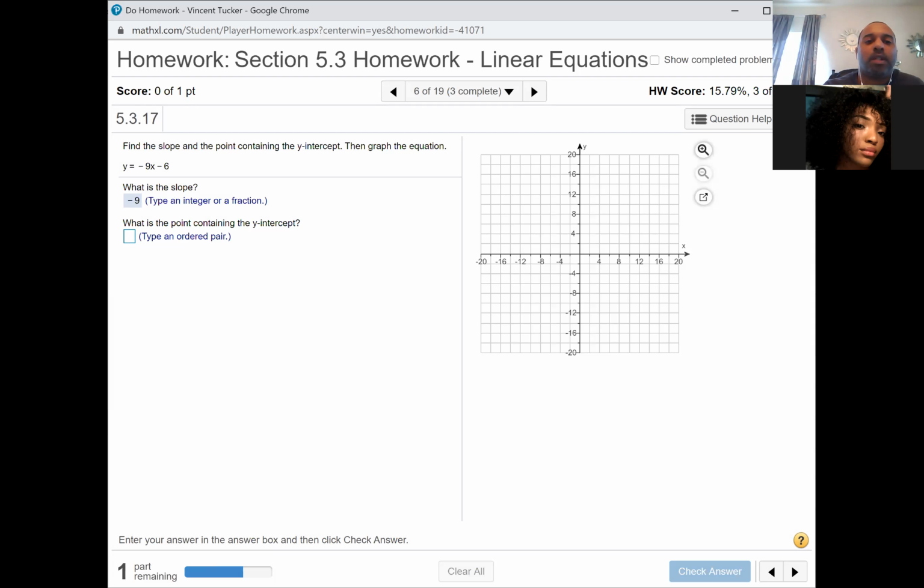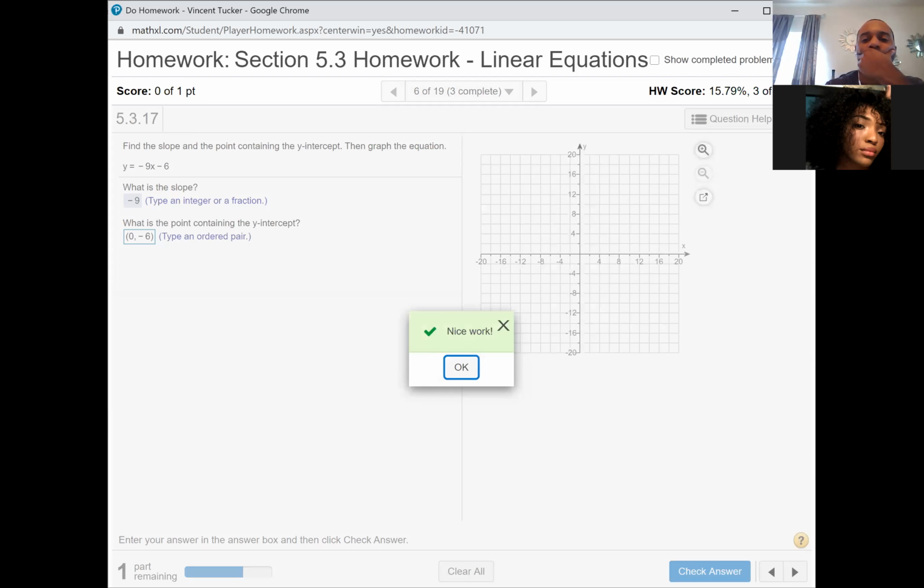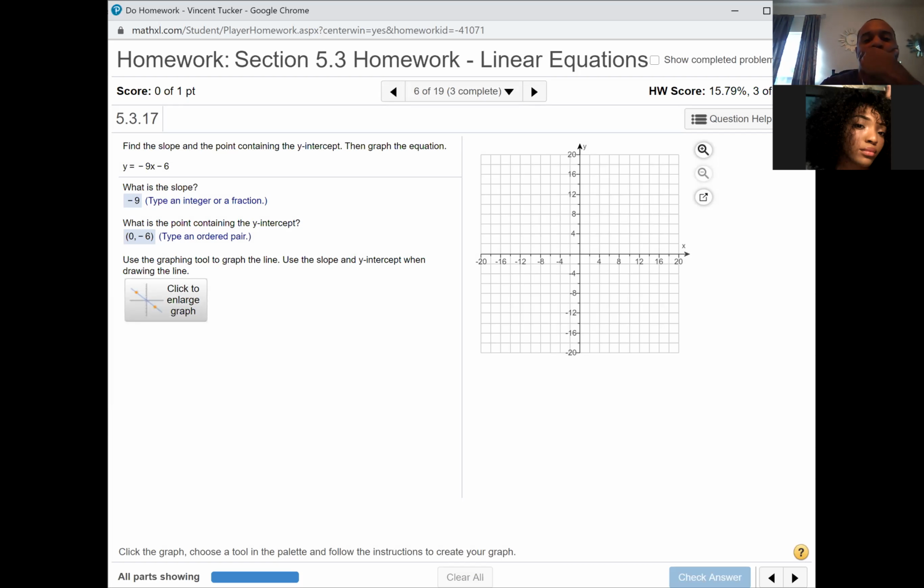Then it says, what is your y-intercept? Notice it says write as an ordered pair. The characteristic of all y-intercepts is that x is equal to 0. So the ordered pair will be 0, negative 6. And the other number is your y-intercept.